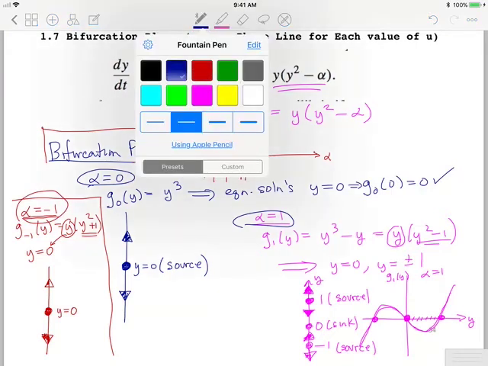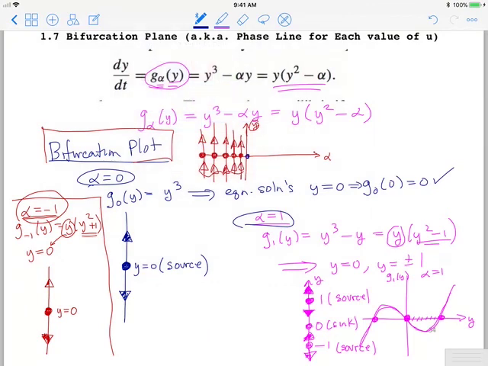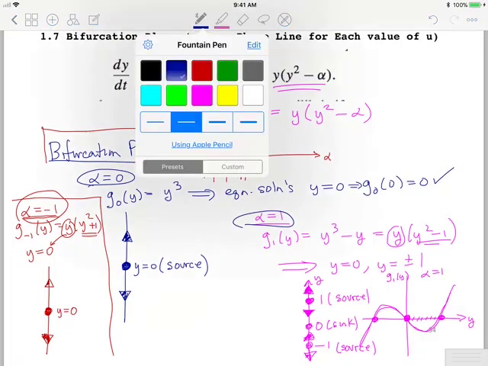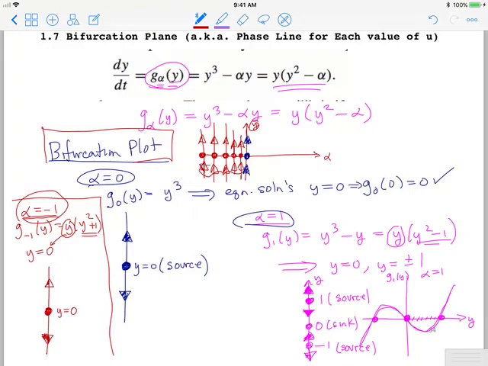When alpha was equal to 0, there was again only one equilibrium, and the arrows were pointing like this, I believe. Oh, sorry, Jason, I'm sure you caught this, the arrows down here should be pointing down.